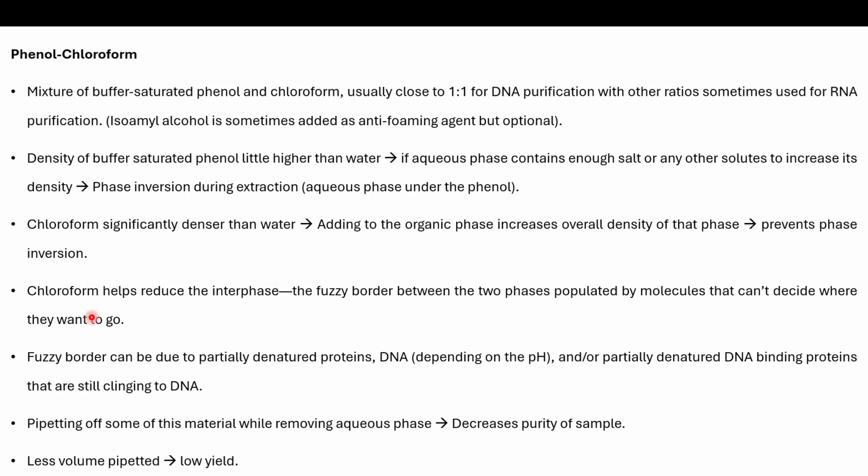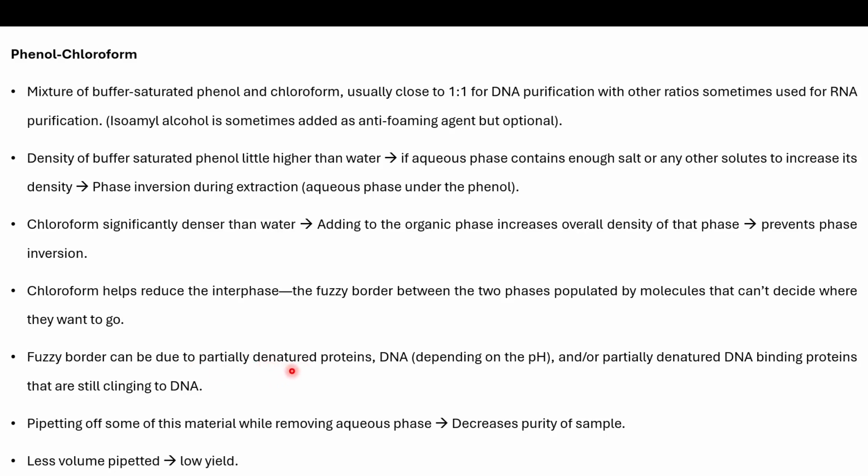Okay. Chloroform also has another function which helps to reduce the interface that I was talking about, the surface between the two phases. Sometimes it becomes fuzzy, and this fuzzy border can be due to some molecules which can't really decide where they want to go. Like these can be due to partially denatured proteins.